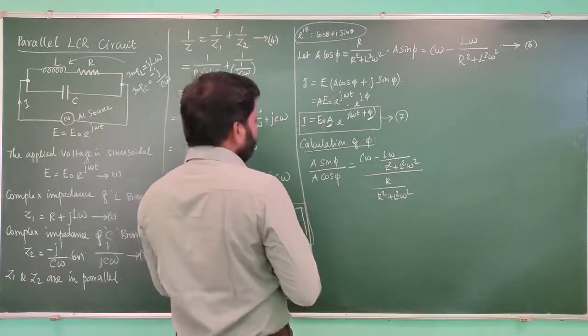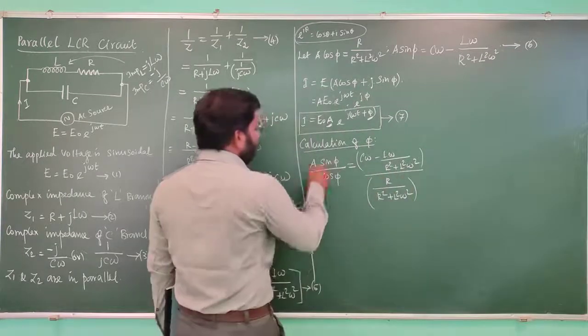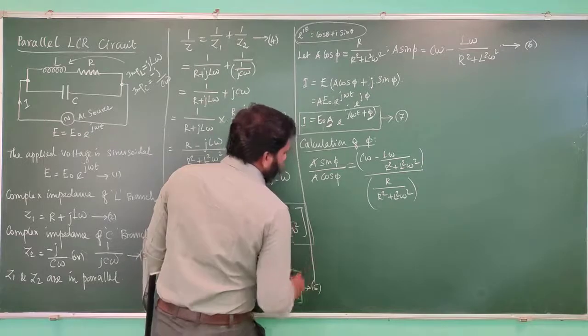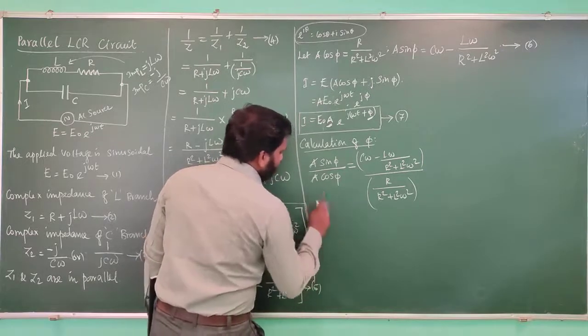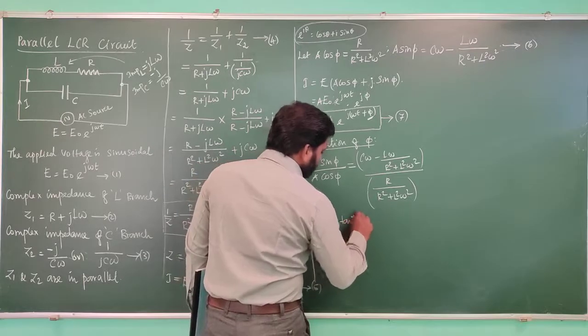So A will cancel, the sin by cos term becomes tan phi. Let's keep phi on the left side and bring tan to the right side, it becomes tan inverse.